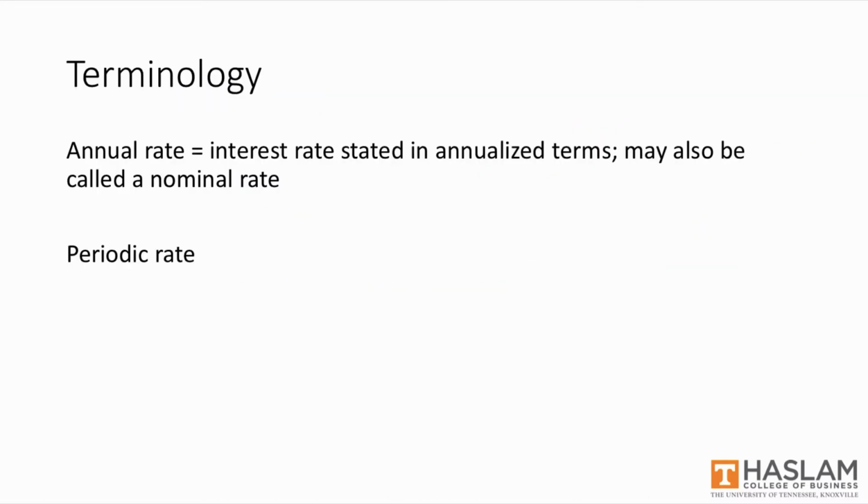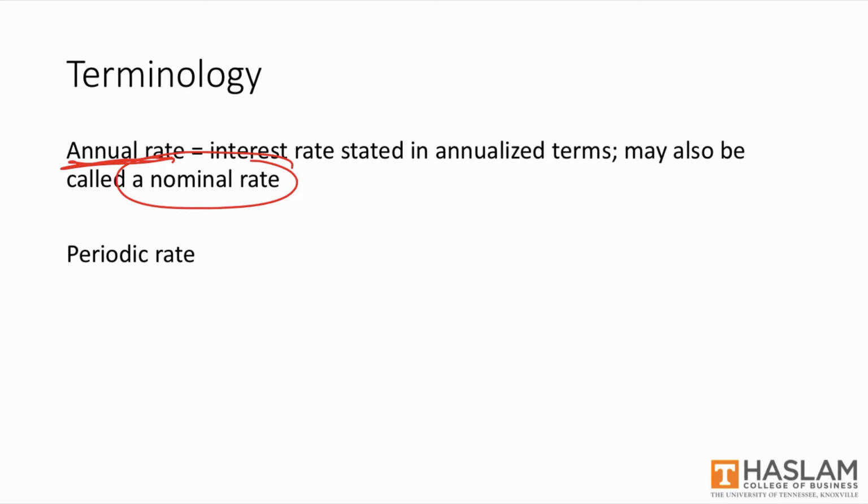Okay, now a quick note on terminology. So we have the annual rate as the interest rate that's stated in annualized terms. It may also be called a nominal rate. And so that's always been our starting point. And so in the previous example, the annual rate was 6%.